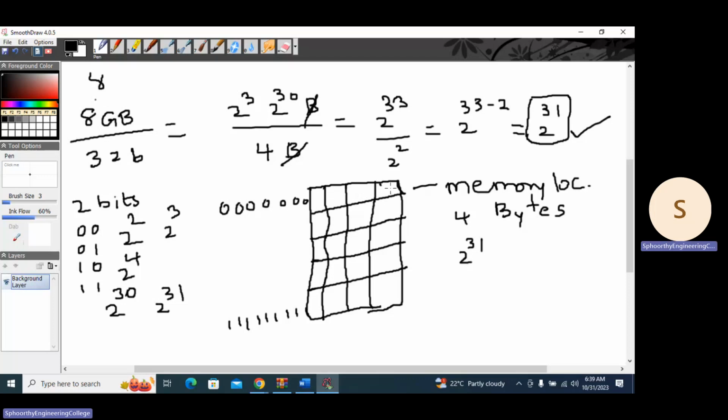So I can call this one 00, this one 01, this one 10, and this one becomes 11. So 31 plus 2 more bits, a total of 33 bit binary address is required to access a particular memory location.